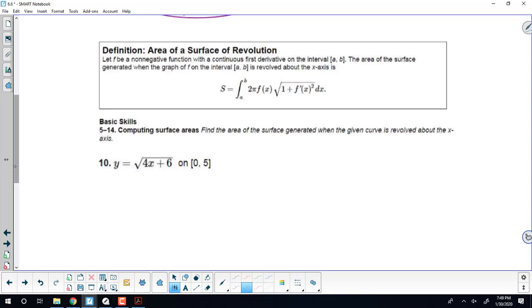You've got 2 pi times f of x, that's your r, and then here's your arc length. All right, we'll come back and make a little note on this.